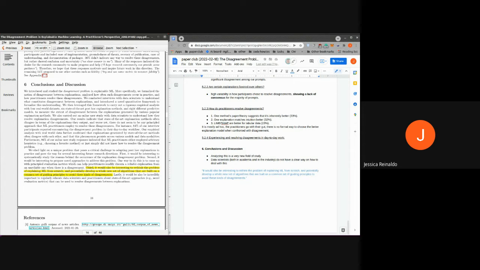This is what we are trying to find with these explanations. So this is a very, very tricky part of doing machine learning, and I wanted to bring this discussion here this week.